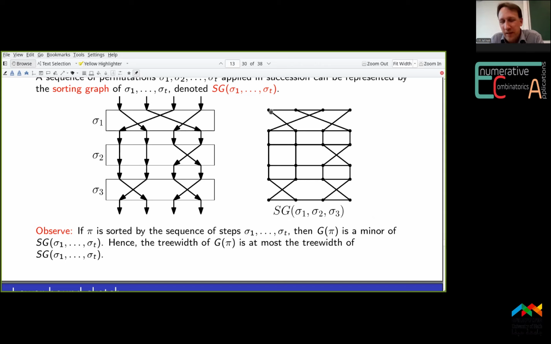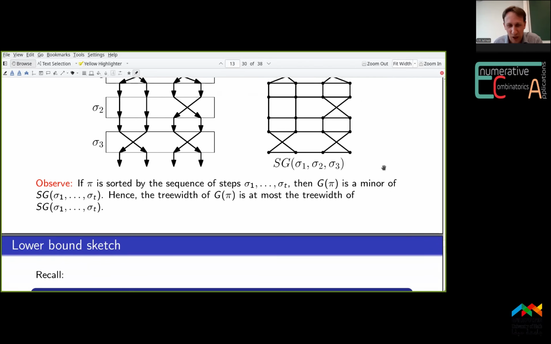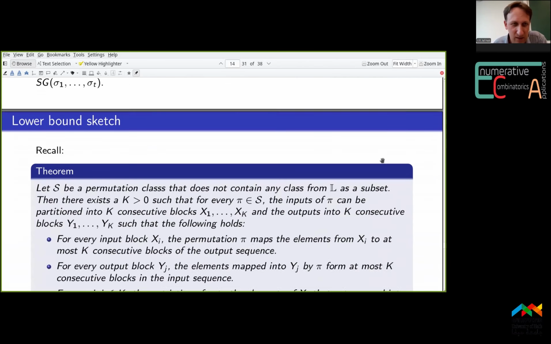So that's a very vague outline of the argument that I'm planning to make. And let me make it slightly less vague by at least giving you a hint of how I plan to argue that some sorting graph does not have very large tree width.